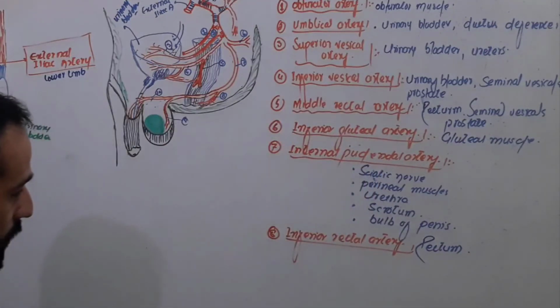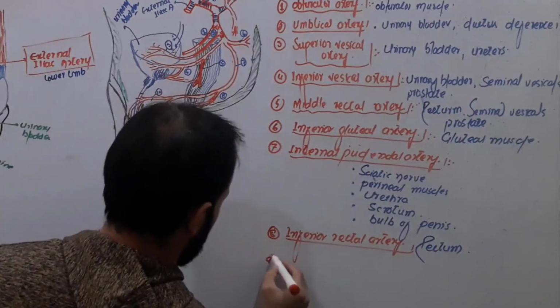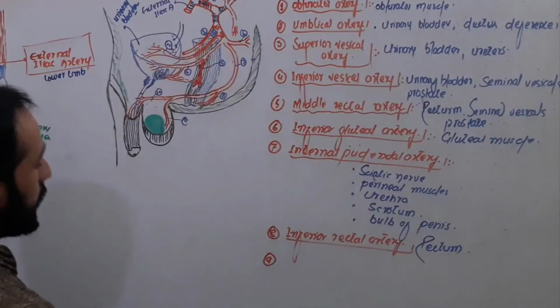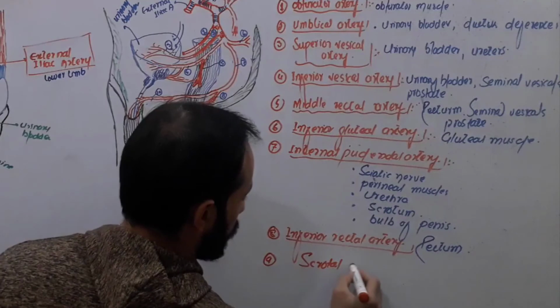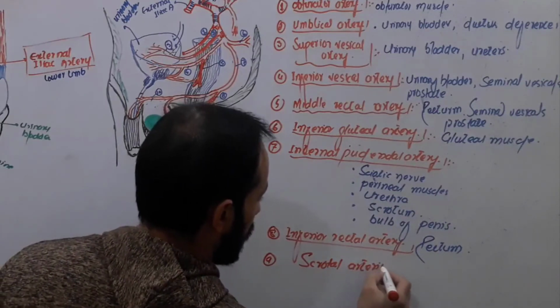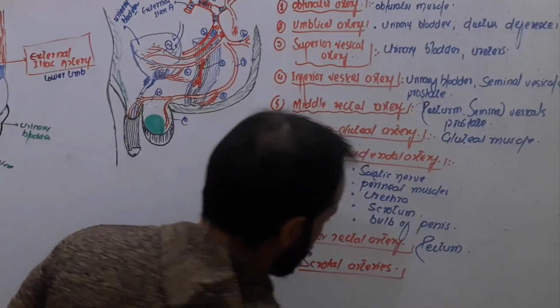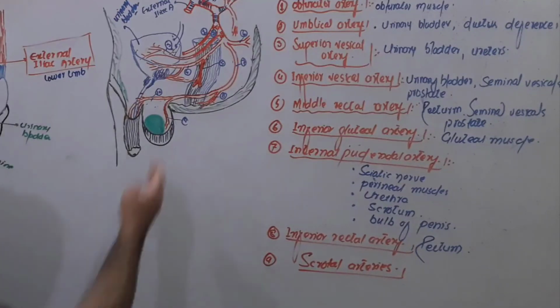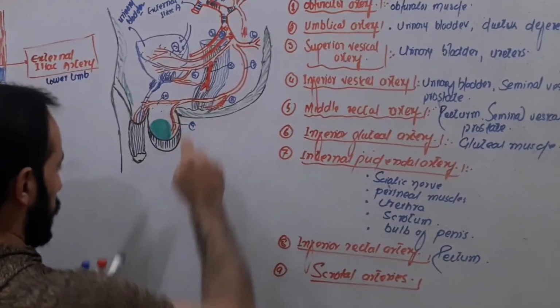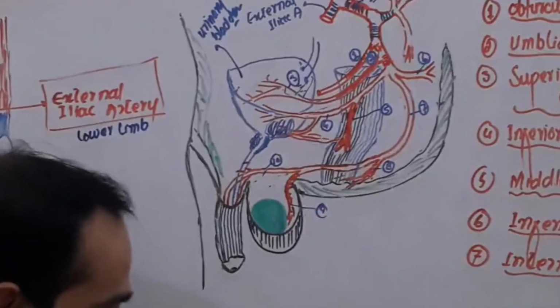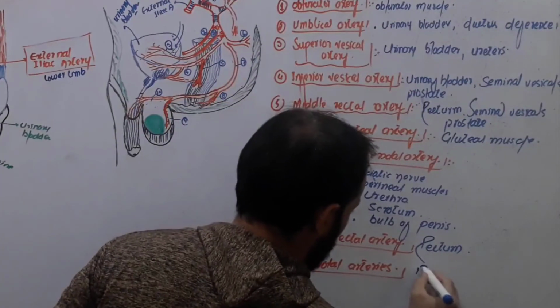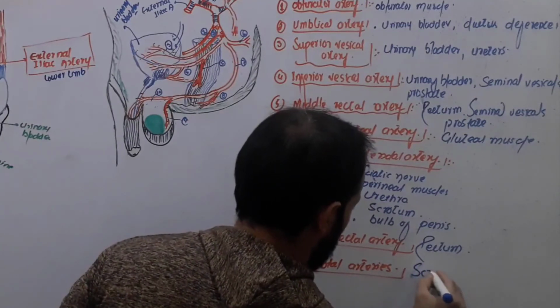Then the 9th branch, which arises from this anterior trunk, is the scrotal arteries. Scrotal arteries. And scrotal arteries are responsible to supply blood to the scrotum. This is our 9th branch. Look. Okay, so this is responsible to supply blood to the scrotum.